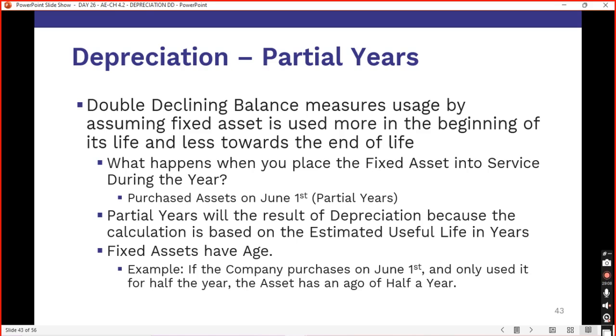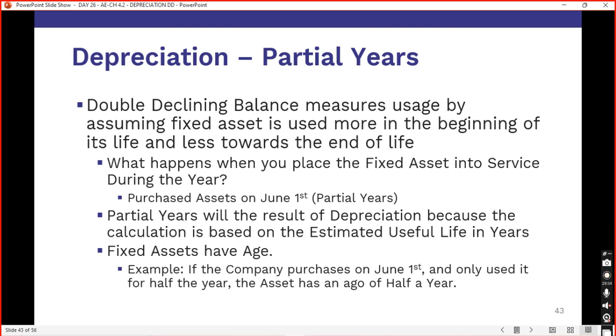Because we know for a fact that when you start a business, you can start your business any given point in time. You don't have to wait until the very beginning of your fiscal year, right? When you file for taxes, right? You don't have to wait till January 1st to open your doors. You can open your doors at any given point in time. So that means you can put your fixed assets in service at any given point in time.